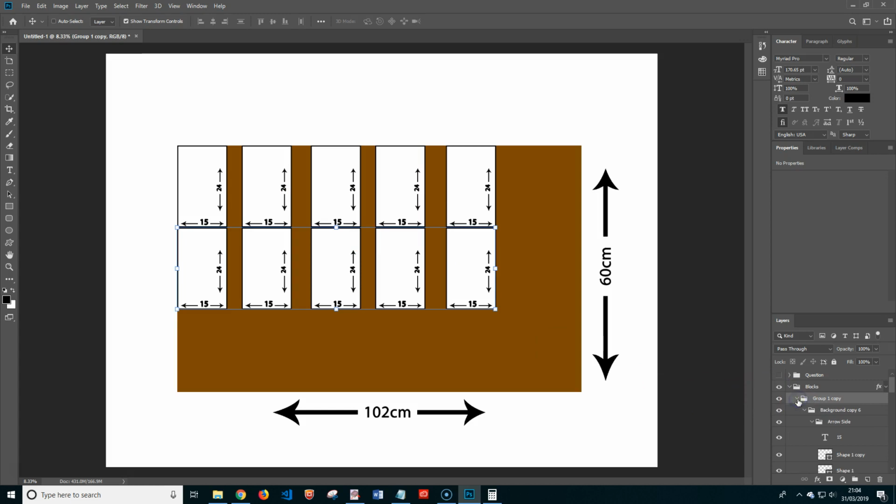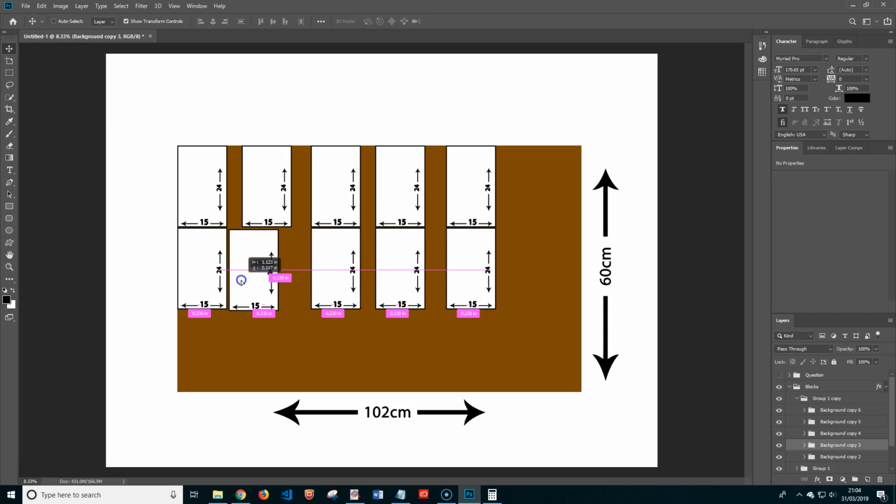What we need to do then is move all the squares side by side. So if we start with the bottom ones, the second one, and we move it over. That's that one.